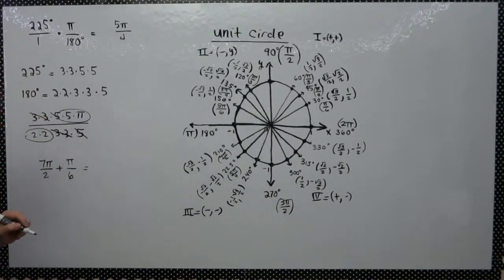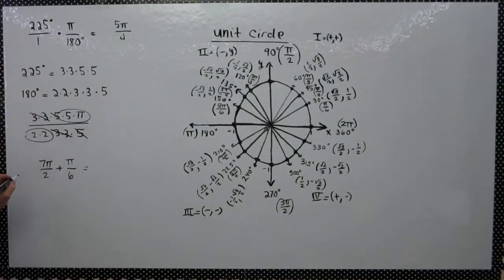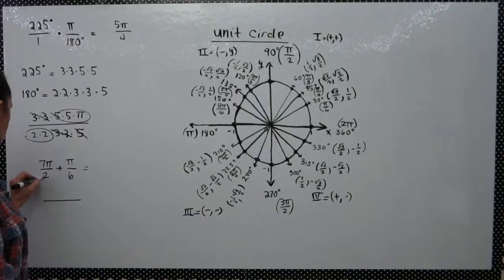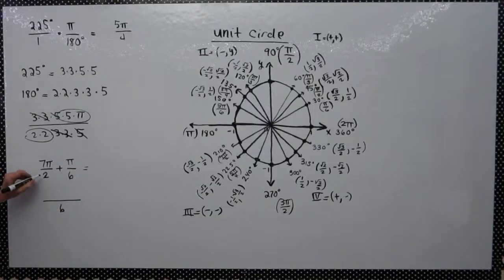And this will be a good refresher on how to add fractions. So what you're doing is you're making equivalent fractions. So you're getting a common denominator. So the common denominator between 2 and 6 is the smallest number that divides both of these numbers evenly. And so it's going to have to be 6, right? So I'm figuring the number 2 times 3 is 6.